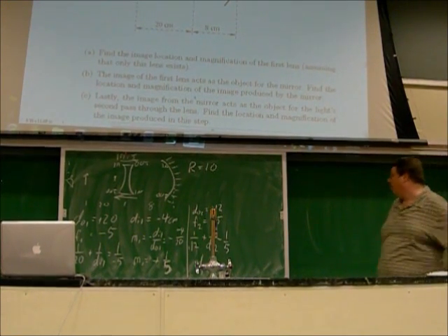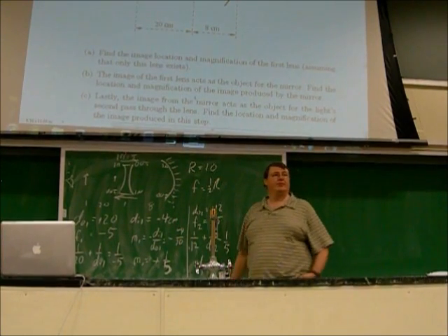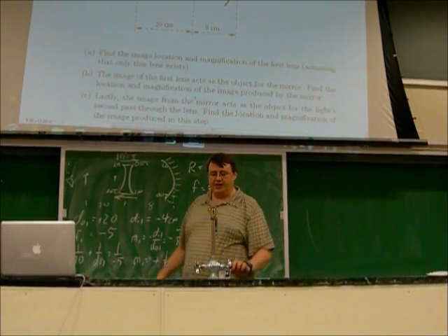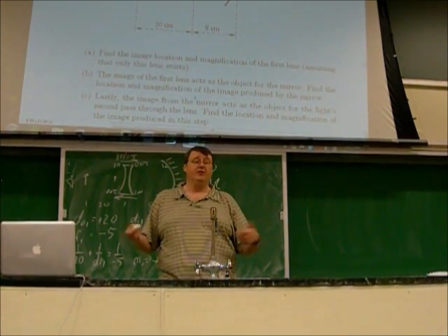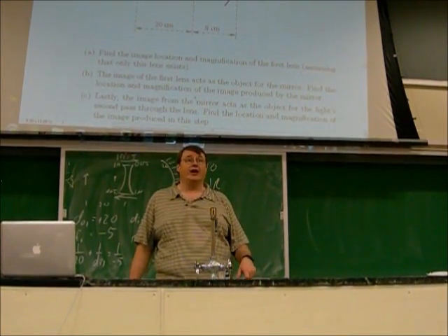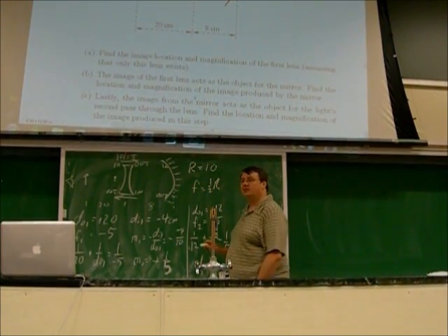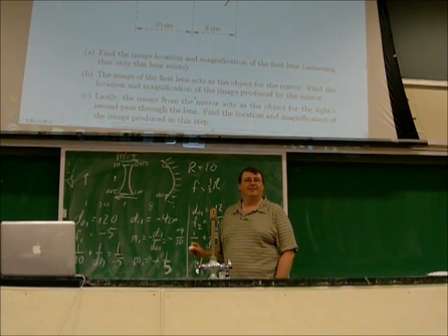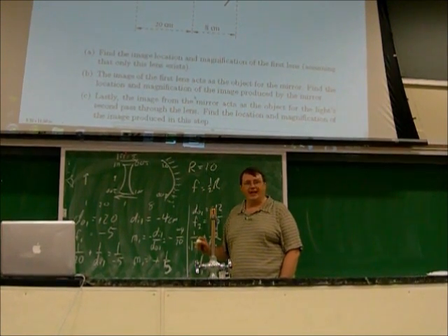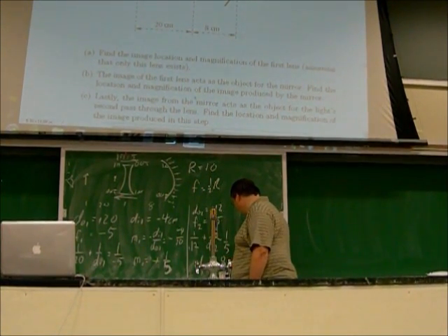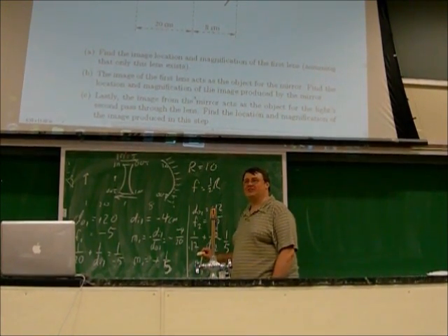The radius is 10, but the focal length of a mirror is half the radius. So I had to take the 10 and divide it by 2 to get the focal length, and then I had to decide positive or negative based upon whether it's bent in a way to converge or diverge. 8.57. I think I've heard the most votes for 8.5. Yeah. 8.6. 8.57.